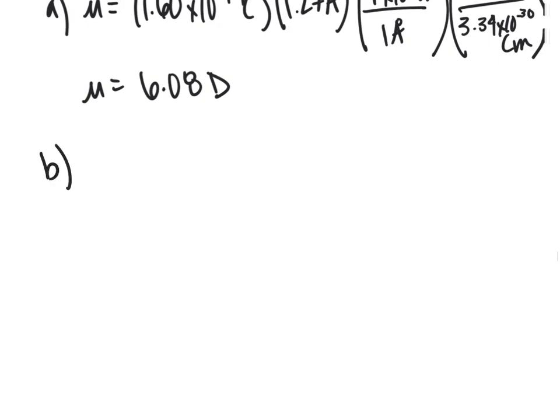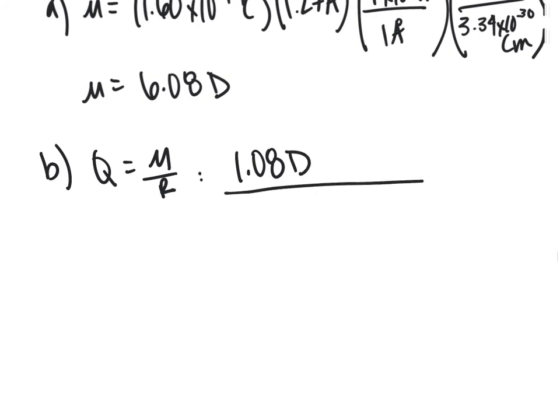In part B, it's a little bit different. We're going to look for charge, which is equal to mu over R. In this case, mu is 1.08 debye, and our radius is still 1.27 angstroms.